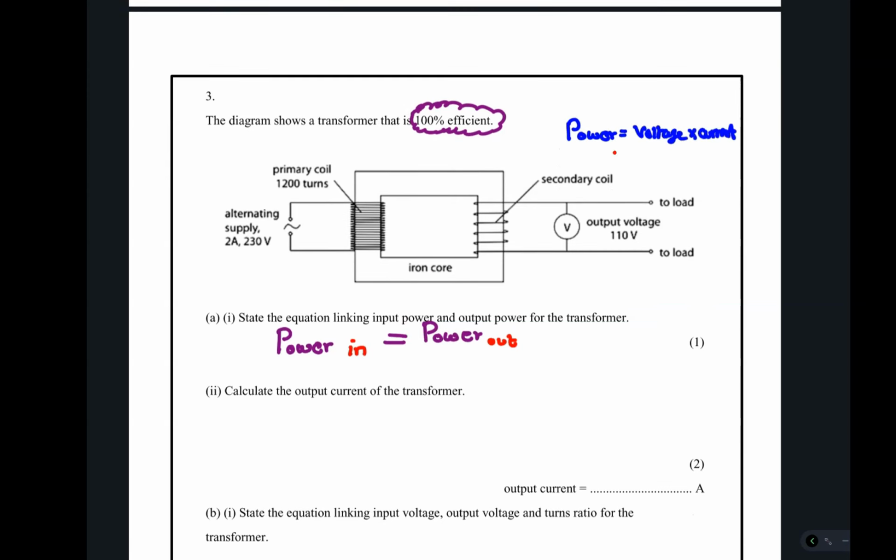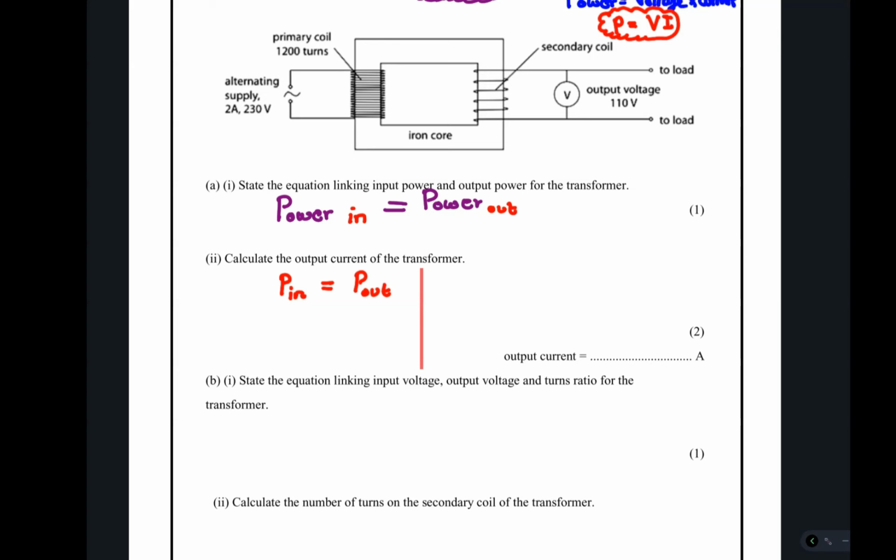But power is given by voltage times current, which is P equals VI. And we're going now to calculate the output current in the transformer. Using power in equals power out, we can rewrite this as V in times I in equals V out times I out.